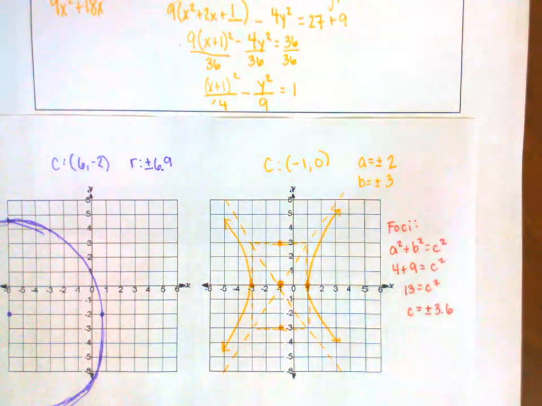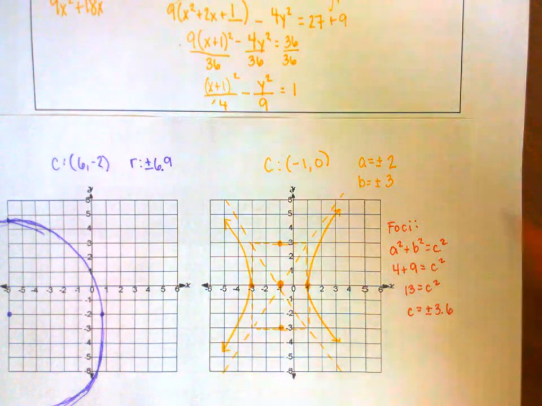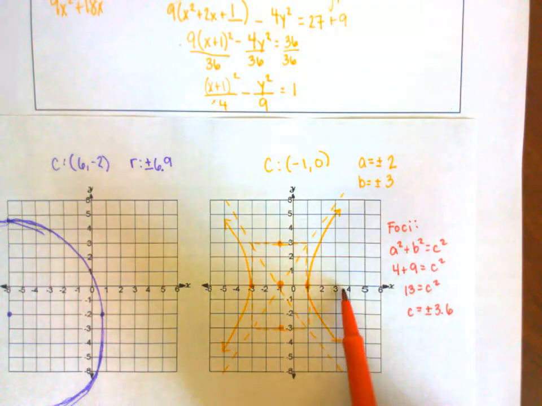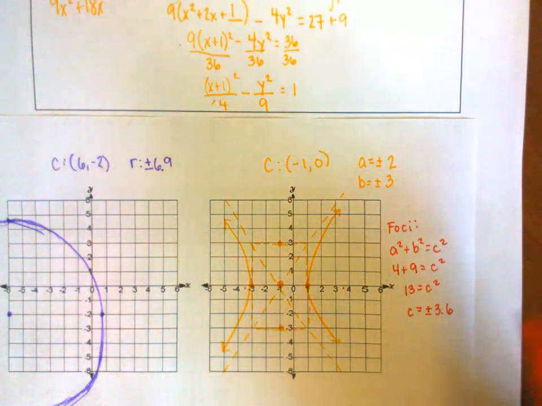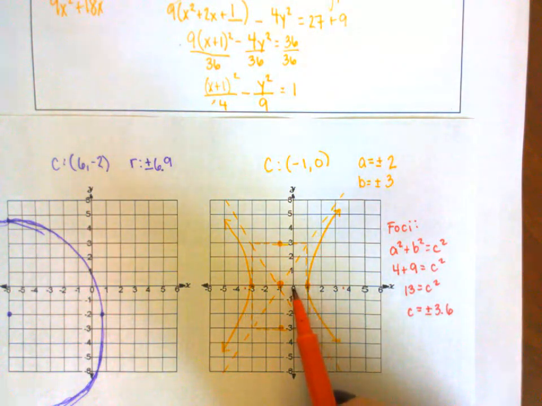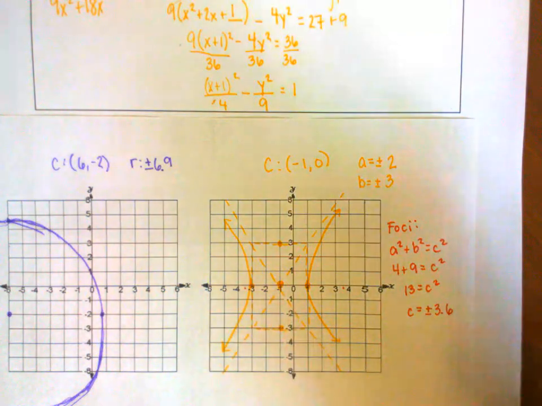All right. Now, in the past, I've told you that we need to write the foci as ordered pairs, and that's still true, but it's not just going to be plus or minus 3.6, because 3.6 would be here, but it would also be here, and those are not equidistant from the center. So we have to keep in mind that the center has moved. It's moved to the left one.